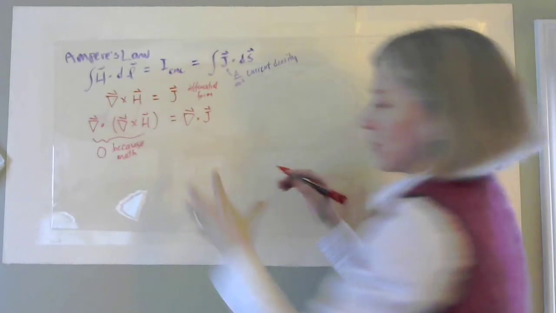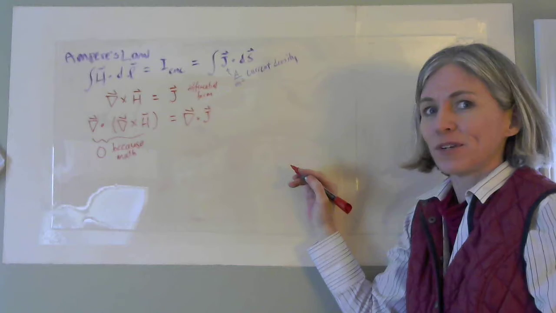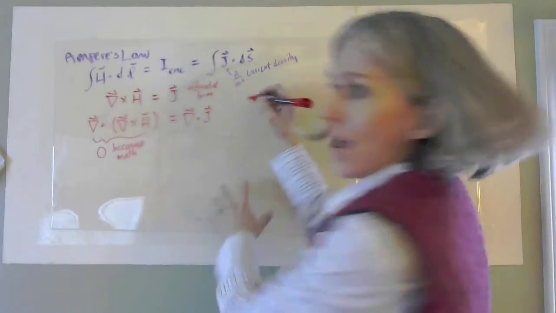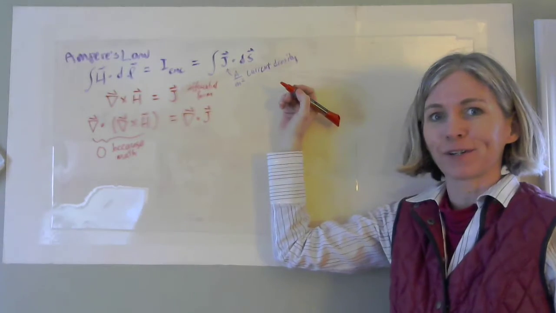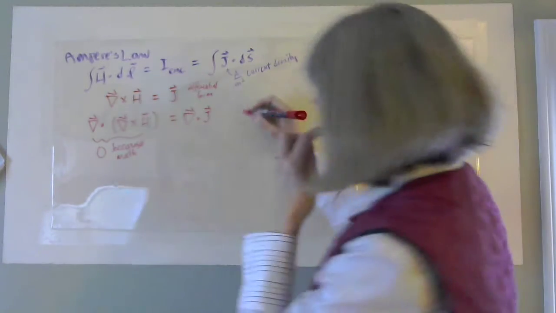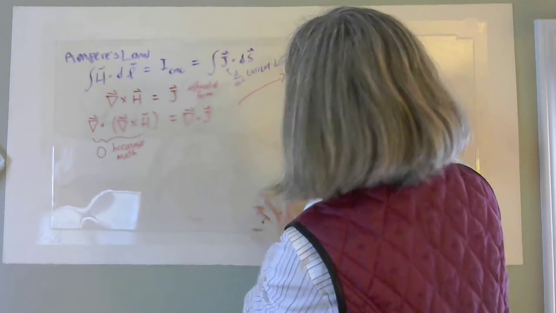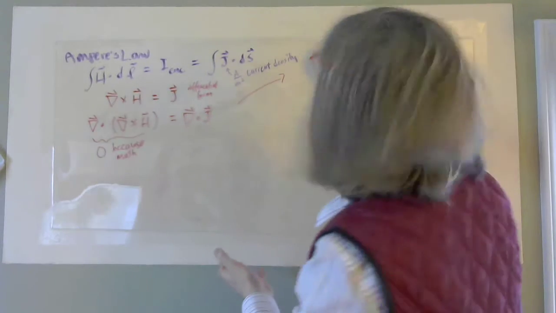Okay, the divergence of the current density is talking about how much current is flowing out of a surface. We can hook that back in.